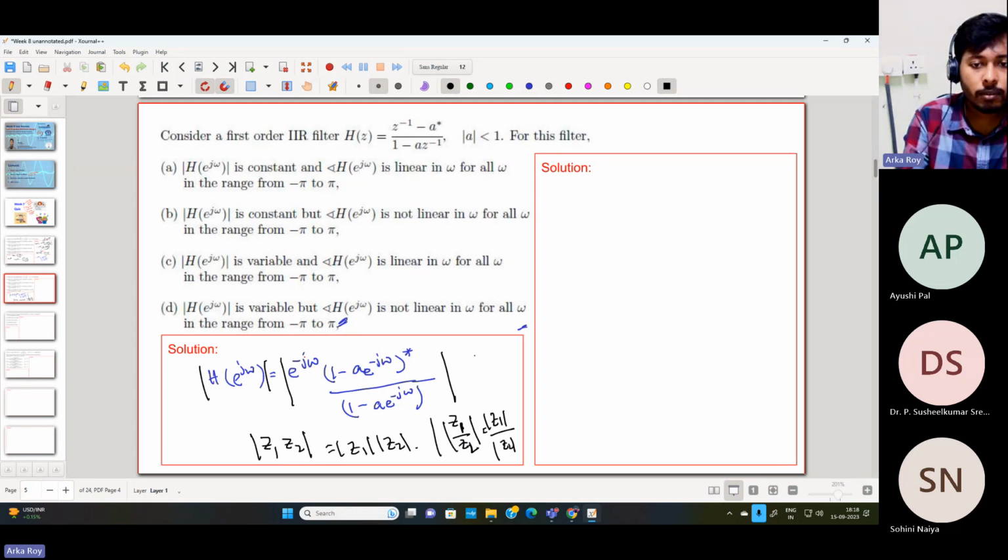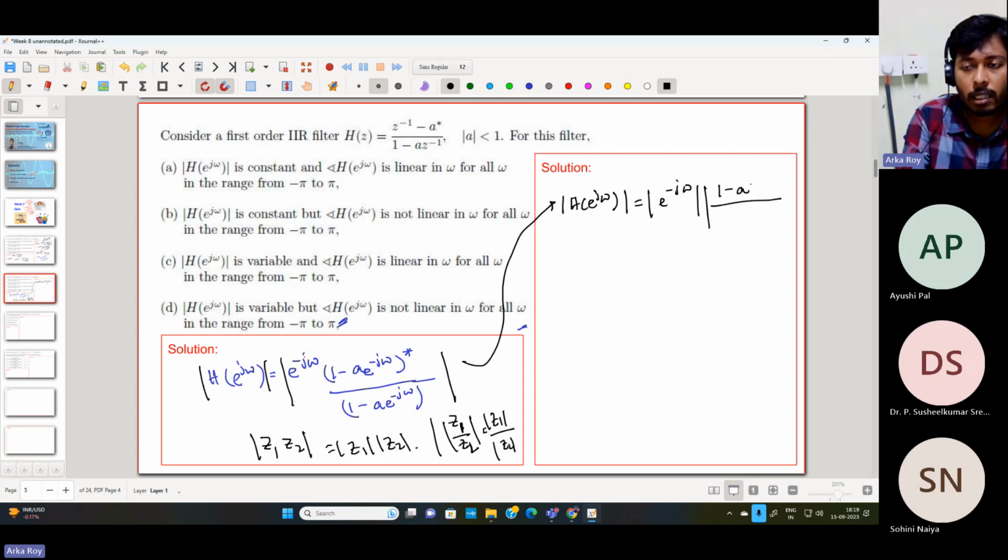So following the relation, H(e^{j omega}) equals e to the power minus j omega, and then 1 minus a e to the power minus j omega, with the star over here, and then 1 minus a e to the power minus j omega.